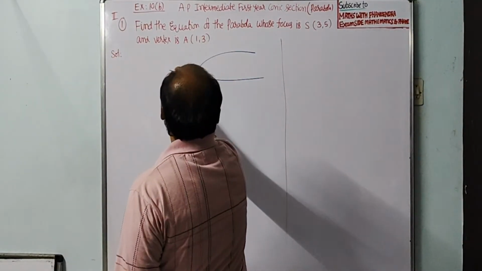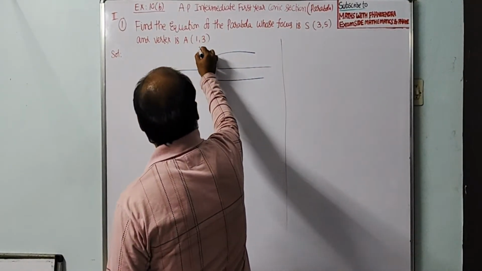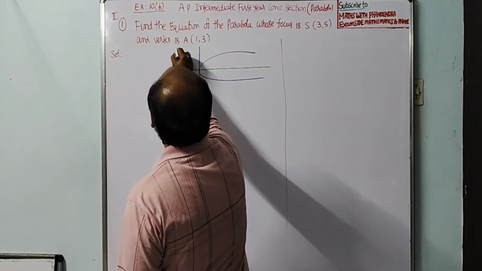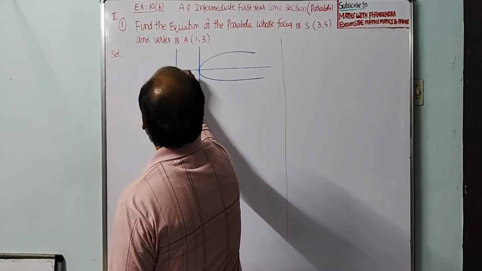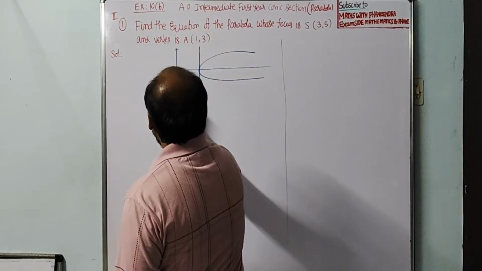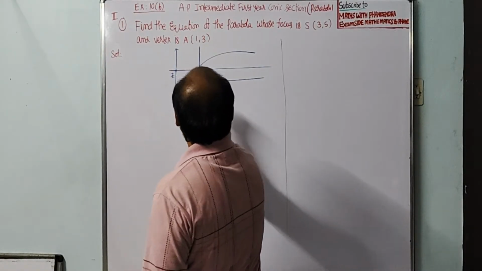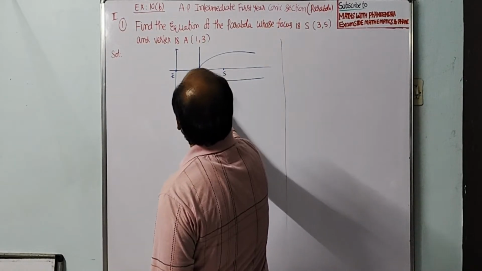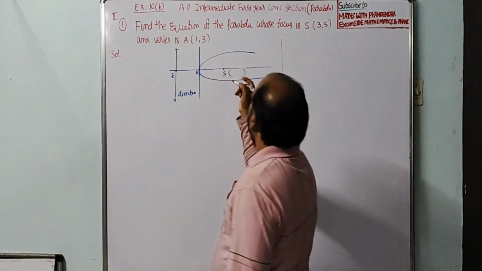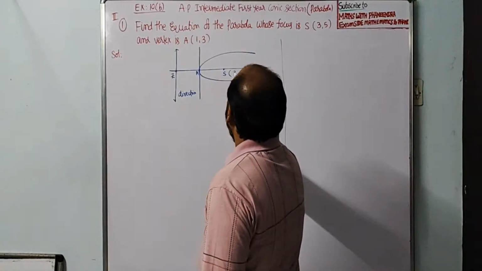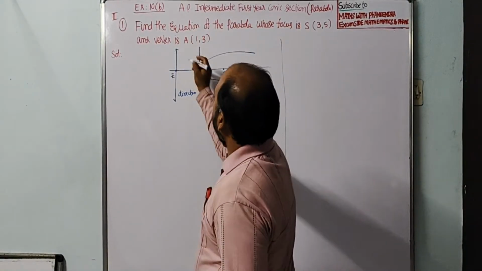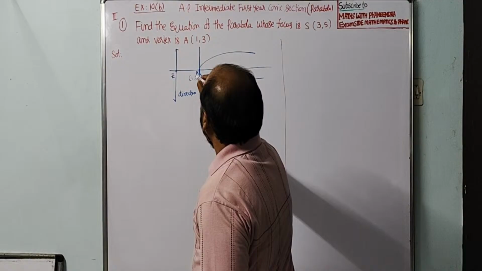This is the parabola, just a rough diagram. This is the directrix. This is the focus. This is the vertex. Focus is given as (3, 5). Vertex is given as (1, 3).